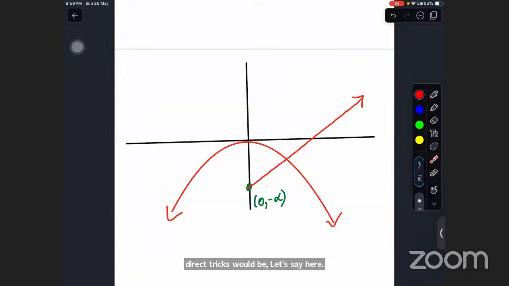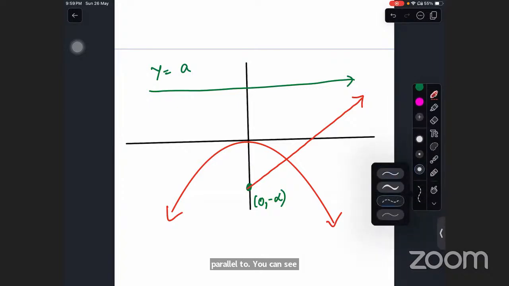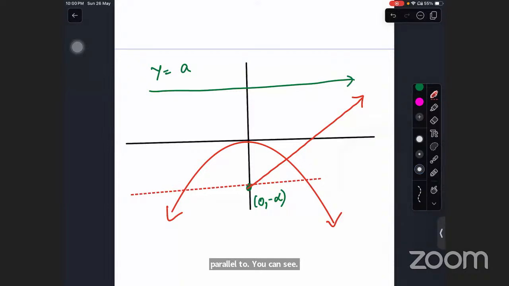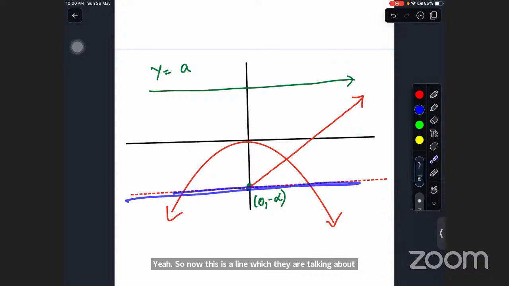So let us take the line somewhere here. This is the line which we are talking about.